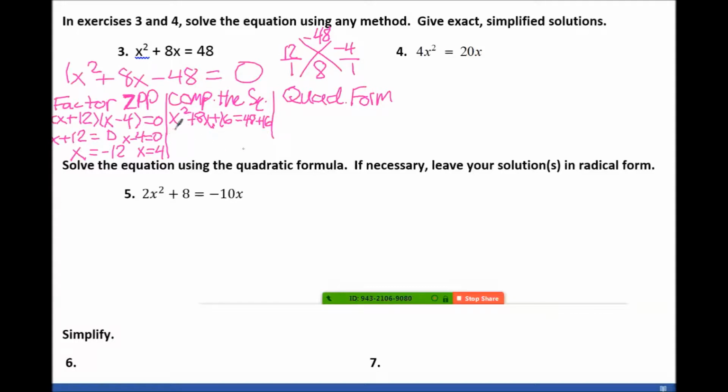This is going to end up being x plus 4 quantity squared equals 64. If I take the square root of both sides, you get x plus 4 equals 8, and x plus 4 equals negative 8.